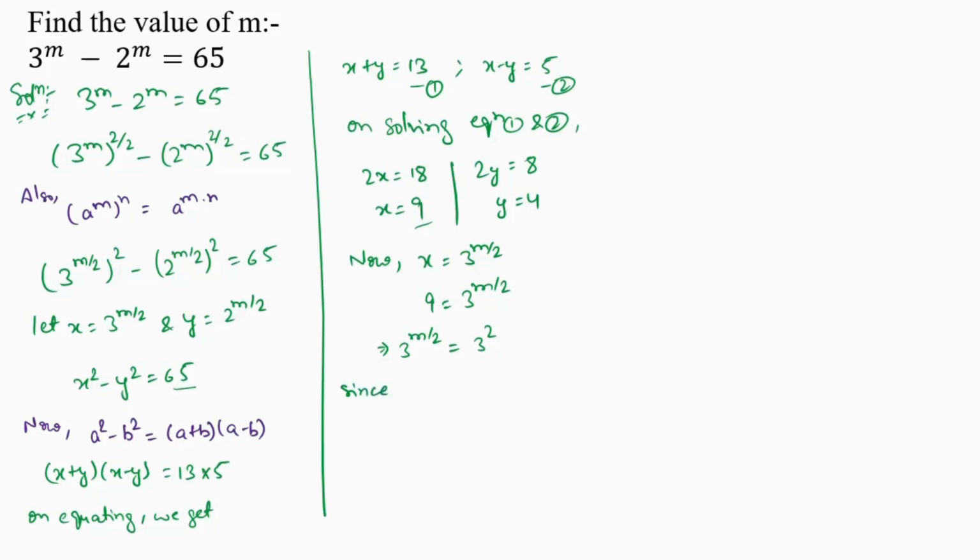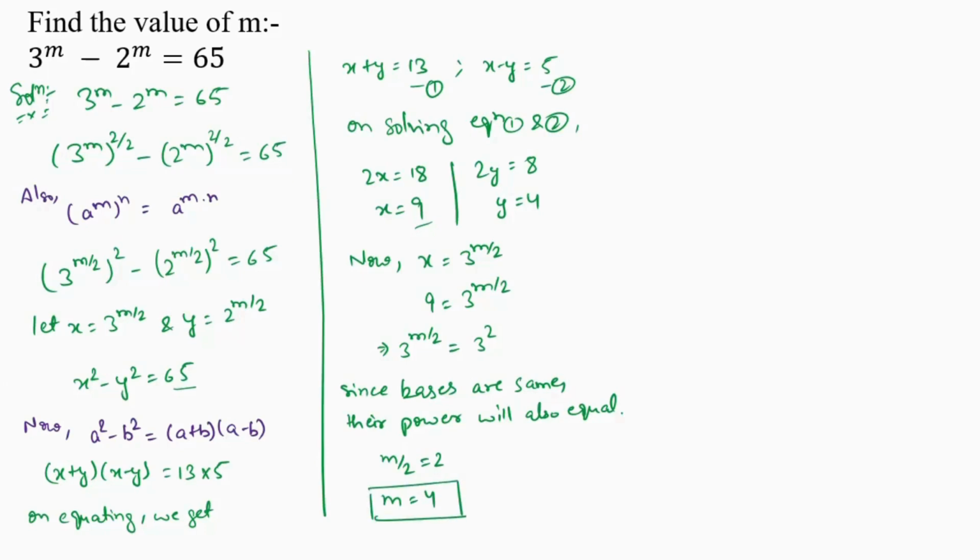Since bases are same, their power will also be equal. So m by 2 equals to 2. So here we get the value of m, that is 4.